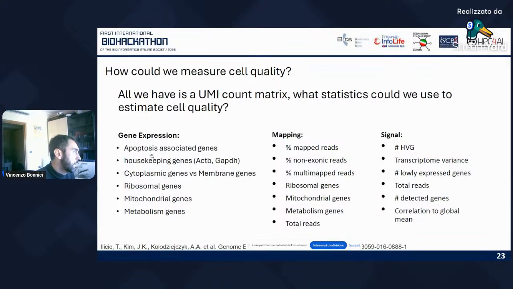Are there some apoptosis-associated genes? For example, if we are planning an experiment regarding cancer or this type of disease in which apoptosis is essential. Are there some housekeeping genes?